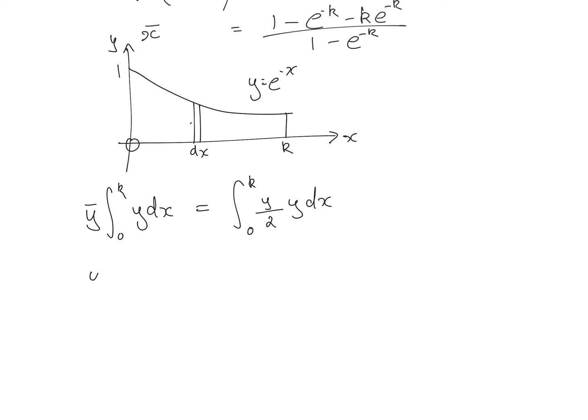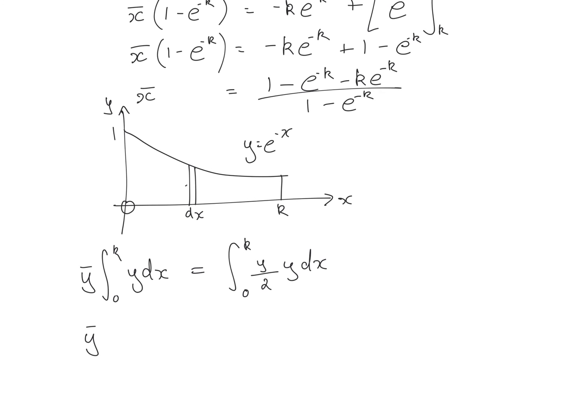So y bar, sure I didn't cancel anything there, is 1 minus e to the minus k equals y squared over 2, so we've got a half, we'll take out the integral of e to the minus 2x dx.